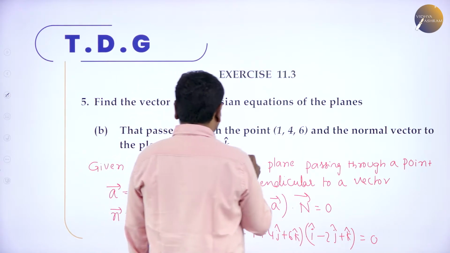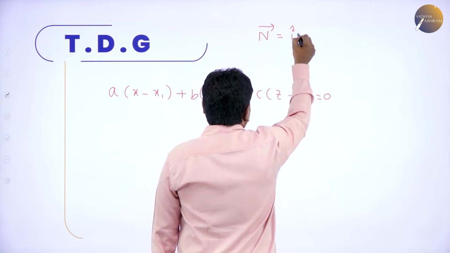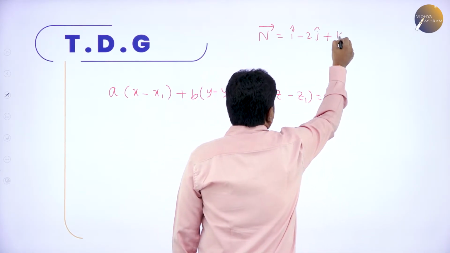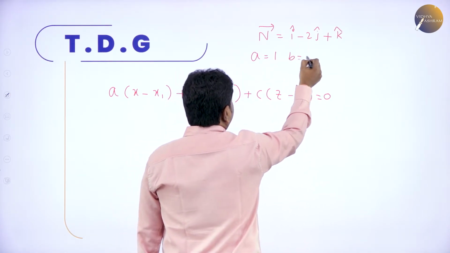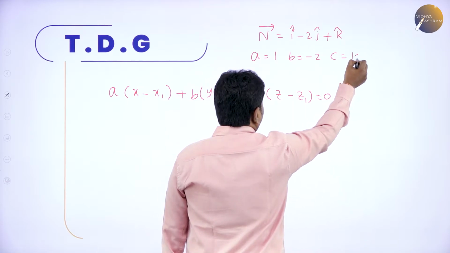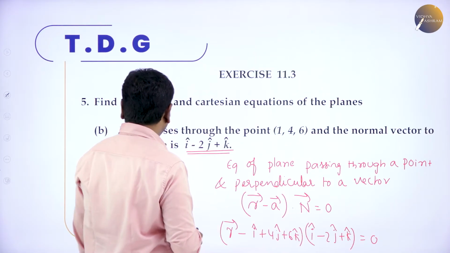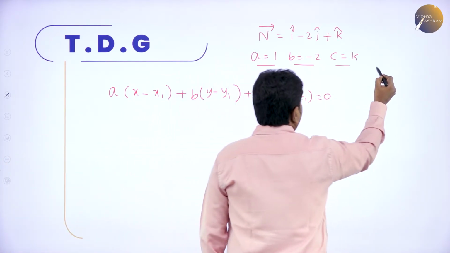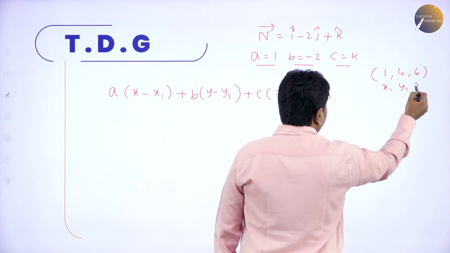Vector n they gave, i cap minus 2 j cap plus k cap. So from this pick a, b, c. a is the coefficient of i, 1, b is the coefficient of j, minus 2, c is the coefficient of k, 1. Then you need the point. The point is 1 4 6, we say x1 y1 z1.